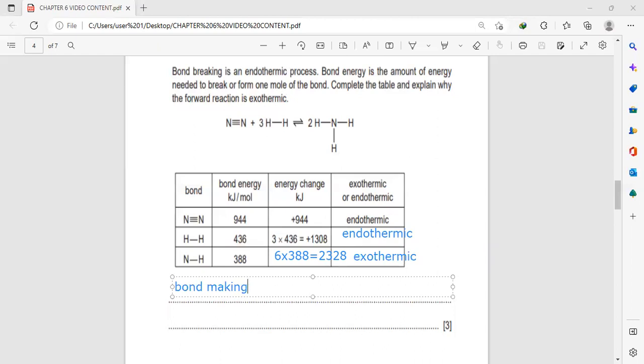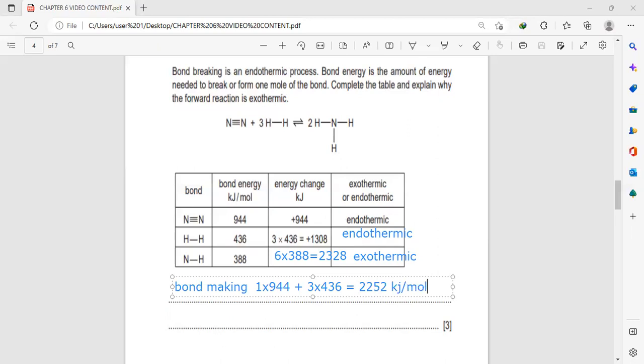So 1 into 944 plus 3 into 436. Answer will come 2252 kilojoule per mole.